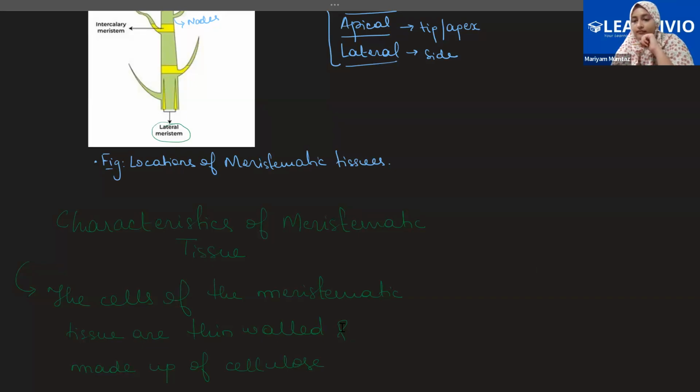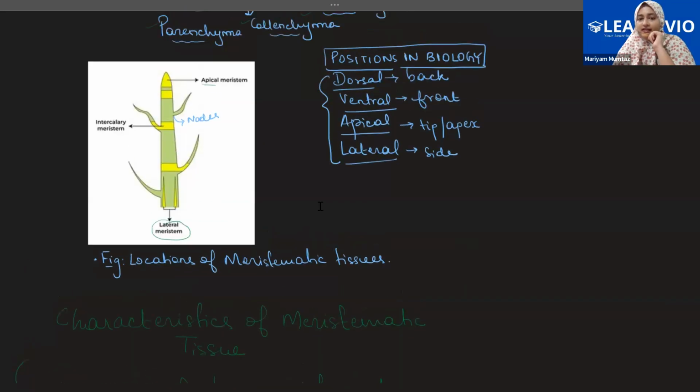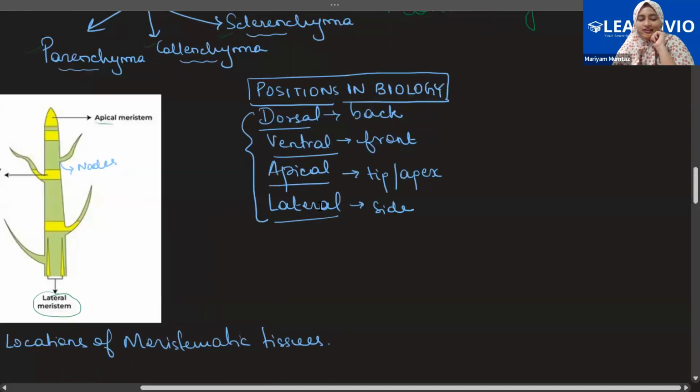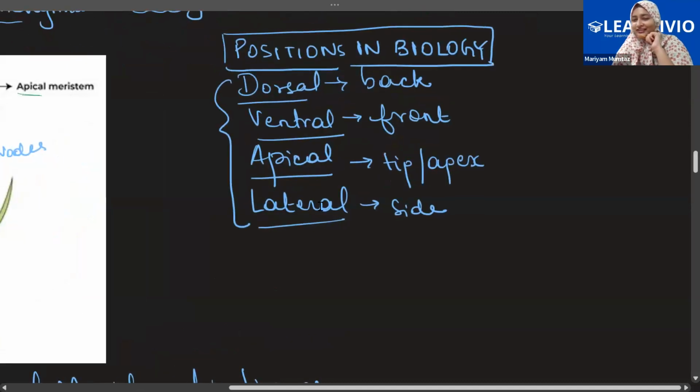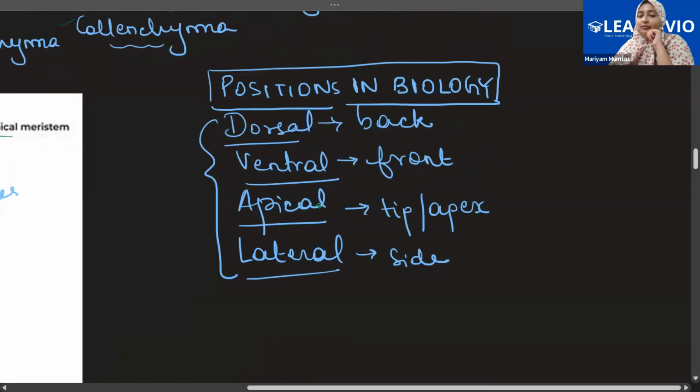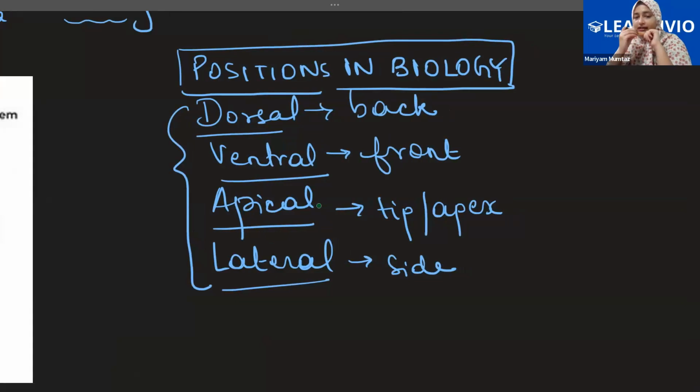I'm not sure. Okay, see, remember these things. It's like here on your screen also, students. Whenever in biology we name anything depending on the position, right? So we name it on the basis of this.